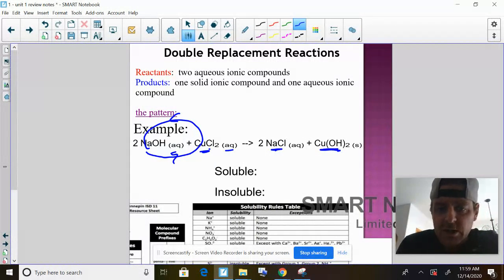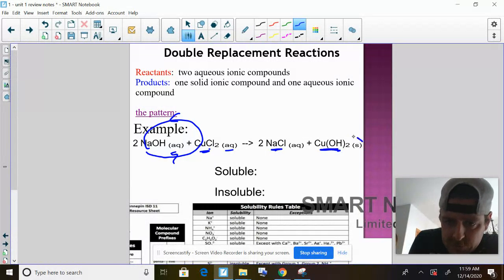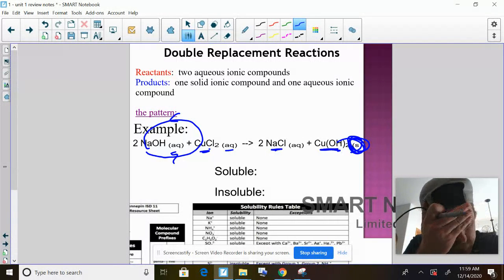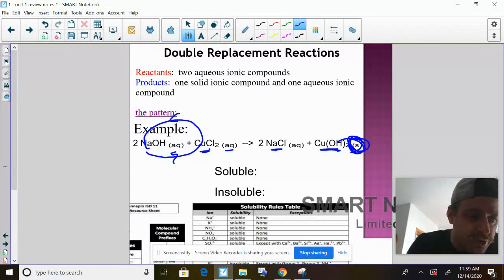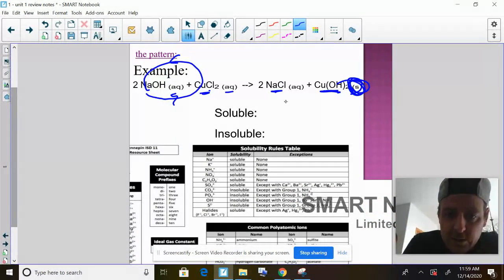The whole end goal is that when you mix two solutions, if you get a solid out of it, then a reaction happens. It's called a precipitate, and generally we use this chart right here, once we switch them, to figure out if there's a solid.